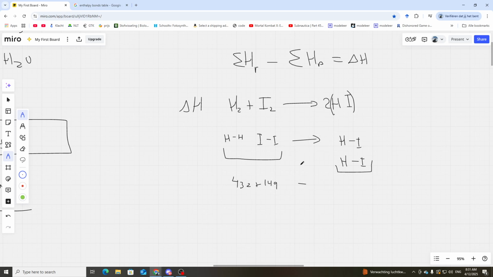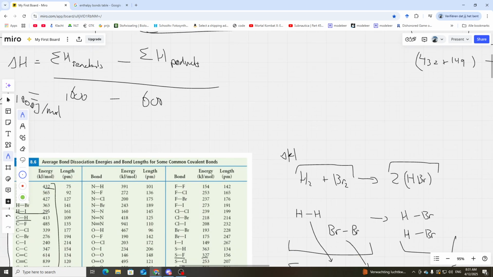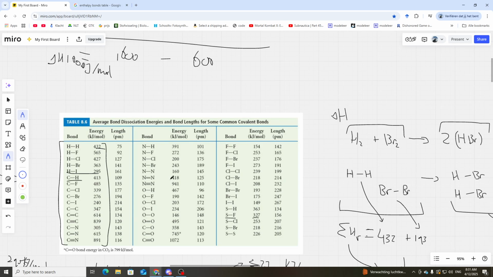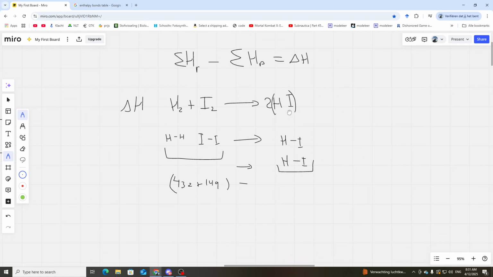Minus, so this arrow as well, you can kind of turn into a minus if that helps you. Minus 2 HI bonds. What is one HI bond? Here we go. 295 times 2, right? Because we have two of these bonds.